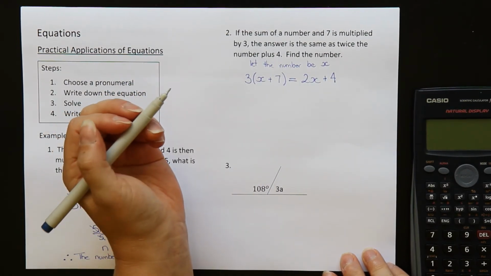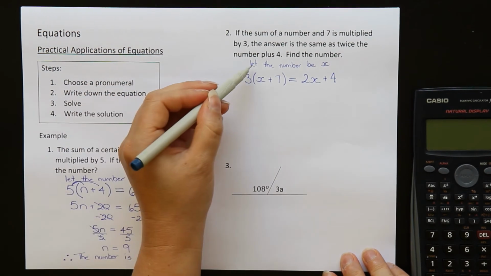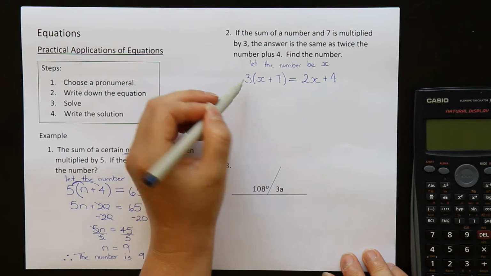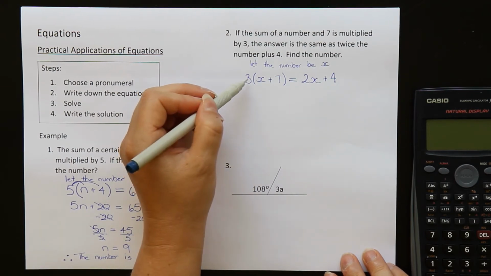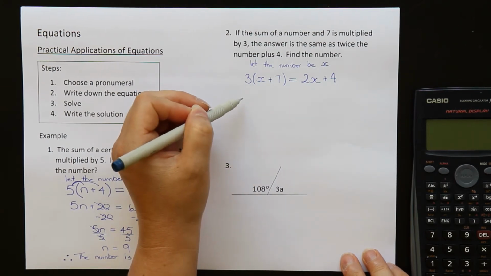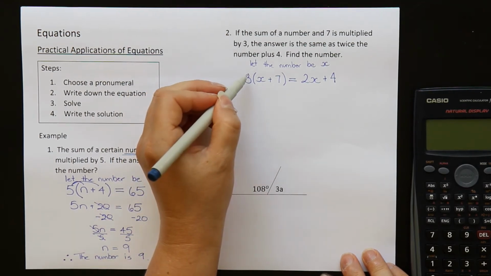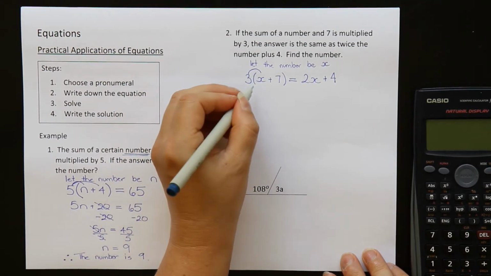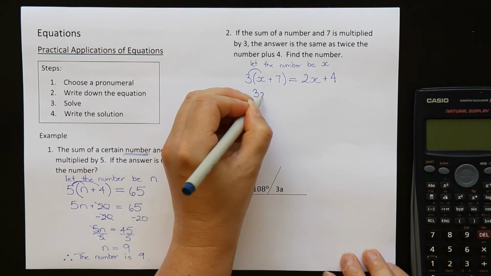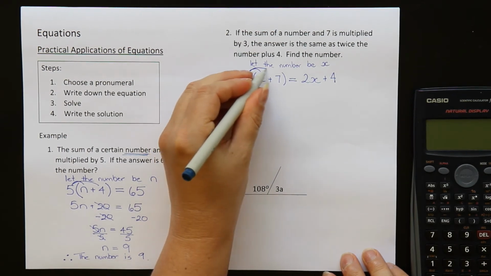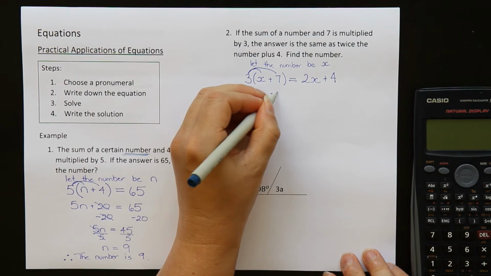Find the number. So I've completed step 1, I've chosen a pronumeral. I've completed step 2, I have found the equation. And now step 3 is to solve the equation. Now, I need to expand brackets first. 3 times x is 3x. 3 times 7 is 21.